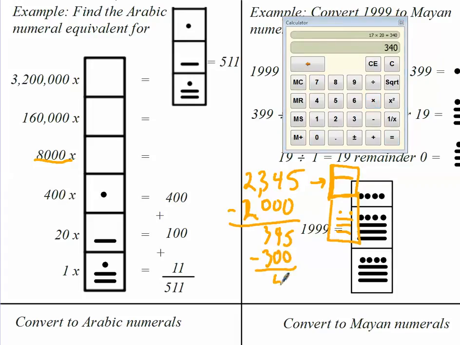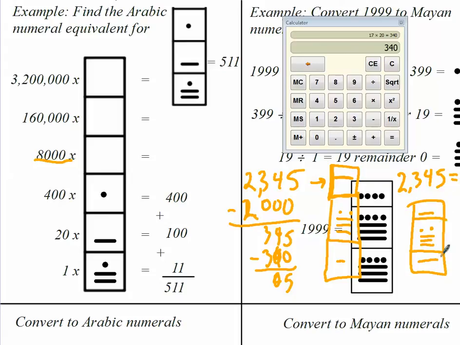Subtract it out, and I get 5 left over. So in my ones place, I have a bar. So in other words, 2,345 is equal to bar, dot, dot, bar, bar, bar, bar. And there is my Mayan translation. Ta-da!